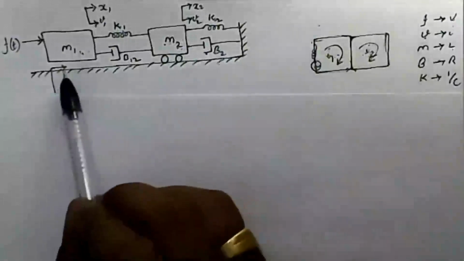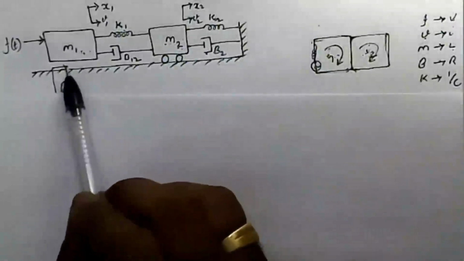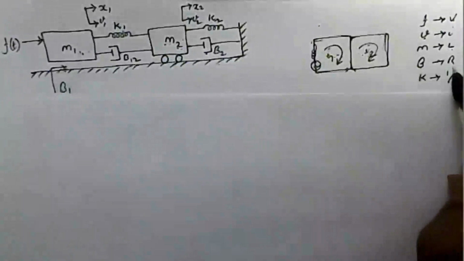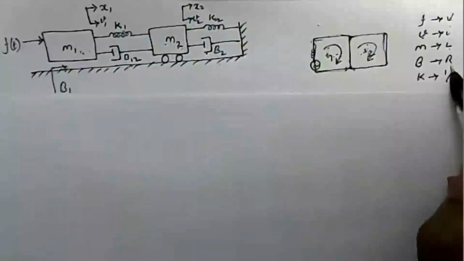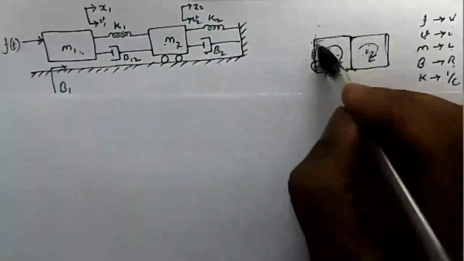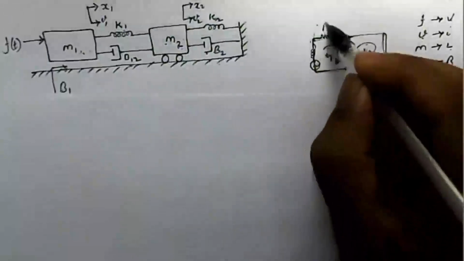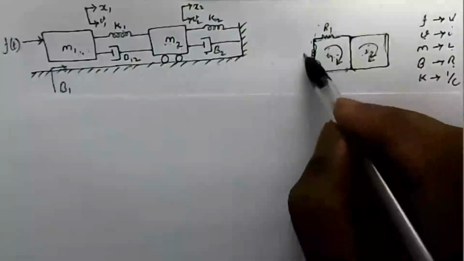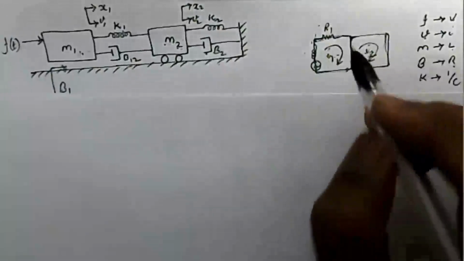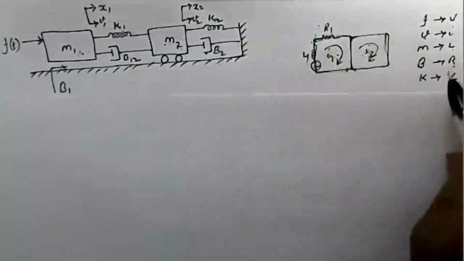Then B1 is also an individual mechanical element. In case of an electrical system, the similar quantity for B is the resistor. This is also individual, so here I draw a resistor R1. Here this one is inductance L1.